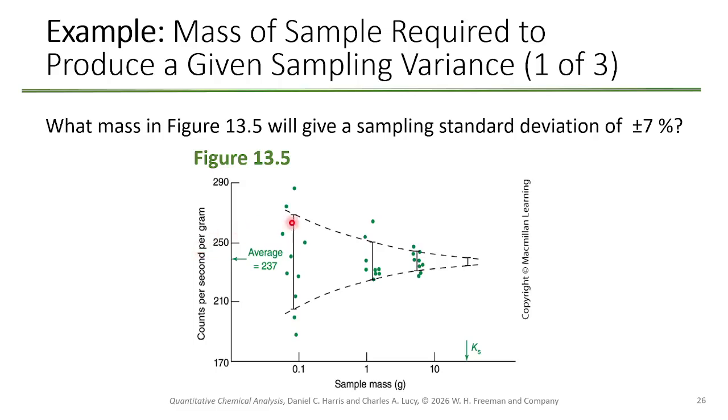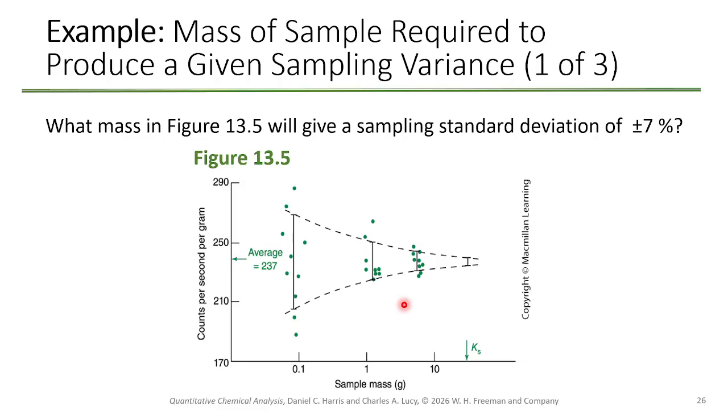So we need to figure out the sampling constant right here, right? So what is that sampling constant right there? That Ks value. And that's going to allow us to do the next part of here, which is the plus or minus 7%. So we need to figure out that Ks for plus or minus 7%.